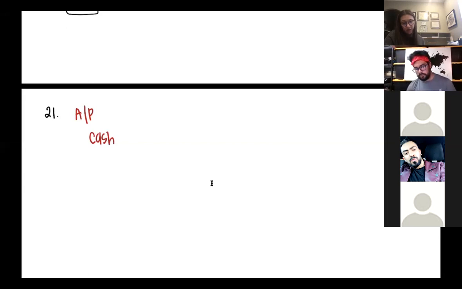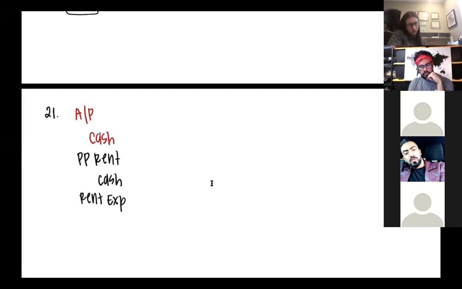They paid cash for one year of rent. So prepaid rent debit, credit cash. And then they also forgot to do something else. They should debit rent expense and credit prepaid rent. And when did they purchase the prepaid rent?